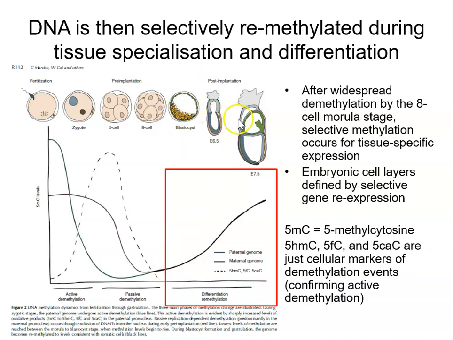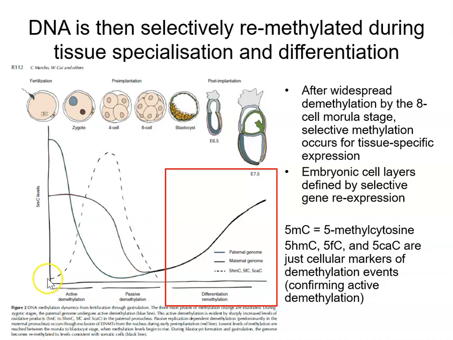And differentiation is where different cells become different things. At the 8-cell stage, every cell is identical. At the blastocyst stage, you've got these inner cell mass cells which do a very different job to the outer cells. The reason why these inner cell mass cells are different to the outer cells is they have different genes that have been selectively silenced by DNA methylation.